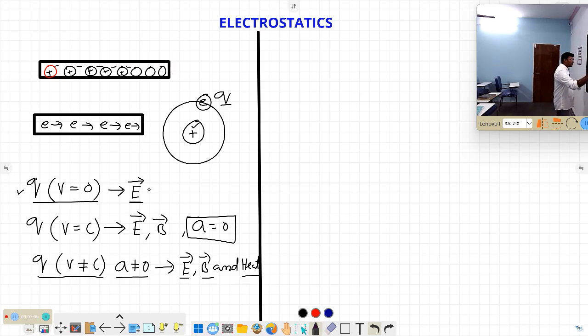So in this topic, first, when the velocity is zero, only the electric field is involved, and that is called electrostatics. Second, the relation between electric field as well as magnetic field, both linked, that is current electricity. If the velocity is not constant, there is electric field, magnetic field as well as heat, which we call the electromagnetic induction topic.